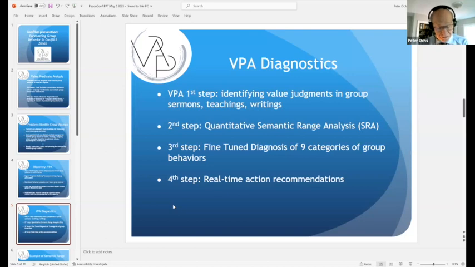And then finally, we add to our diagnoses a range of 9 action recommendations. These recommendations must be discussed with on-the-ground peace builders. We can't pre-tell a peace builder or peacekeeper how to operate, but we, from our experience, can suggest the kinds of actions that seem to be successful with any of the 9 groups.